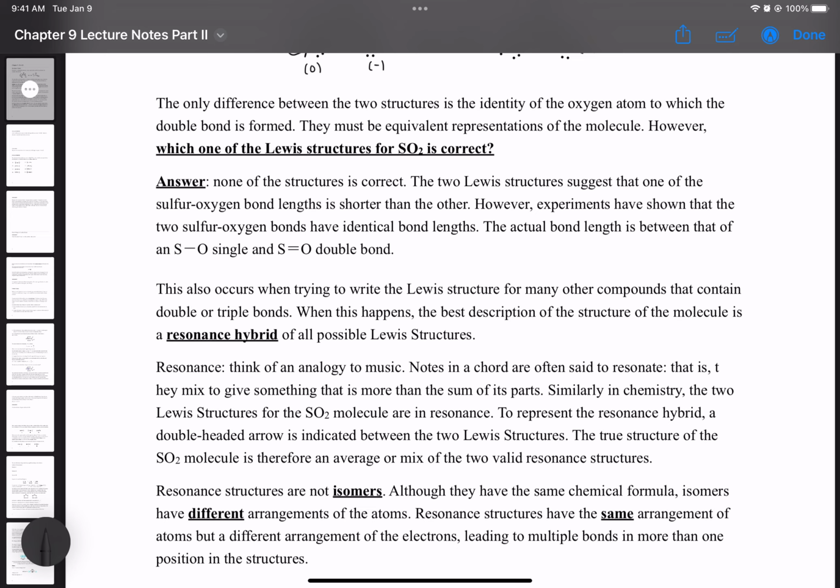It's kind of the same thing in chemistry. The two Lewis structures for sulfur dioxide are kind of in resonance, so they resonate as one instead of being one or the other, just like the music example. Okay, so to represent this hybrid here, we use double-headed arrows.